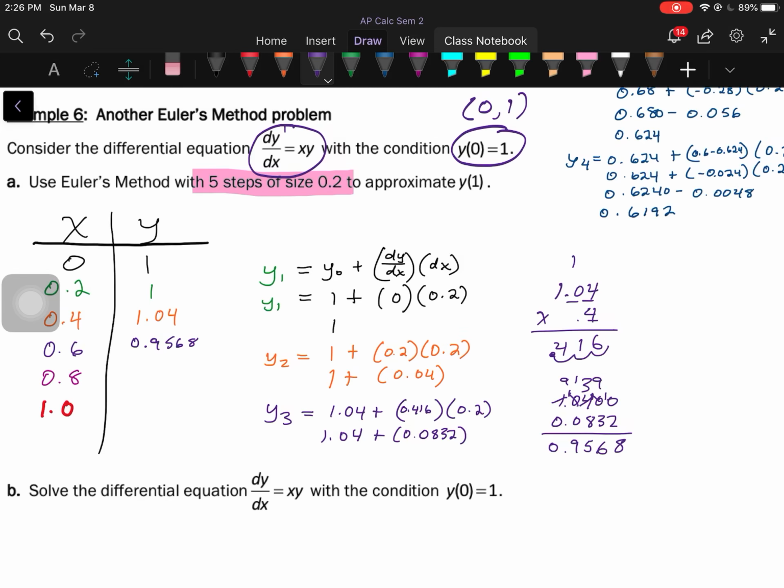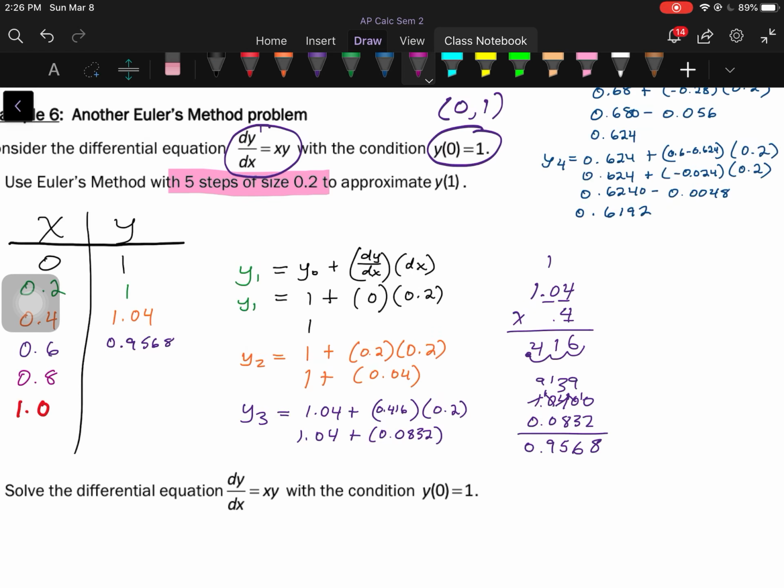And you'd go through this process until you get to the next y value that you need. I don't have a calculator, so I'm not going to make you watch me do a bunch of mental math, but I hope you get this iterative process where you take the y value from before, add the slope at that y value before, multiplied by the change or step size, 0.2.